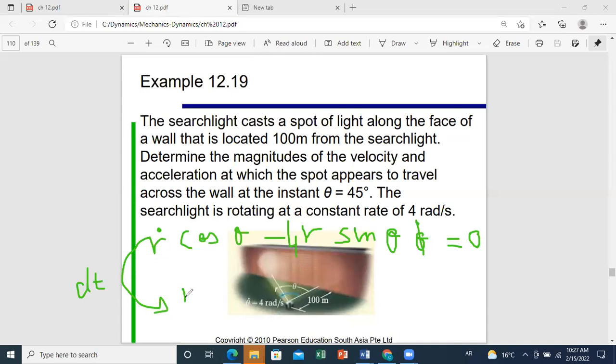The derivative of r dot is r dot dot, and this is v, so r dot dot cosine theta. Now, if we continue, plus r dot times the derivative of this term with respect to time. We use the chain rule. The derivative of cosine is minus sine, so we can put here minus r dot sine theta, and don't forget to multiply by theta dot to have the chain rule.